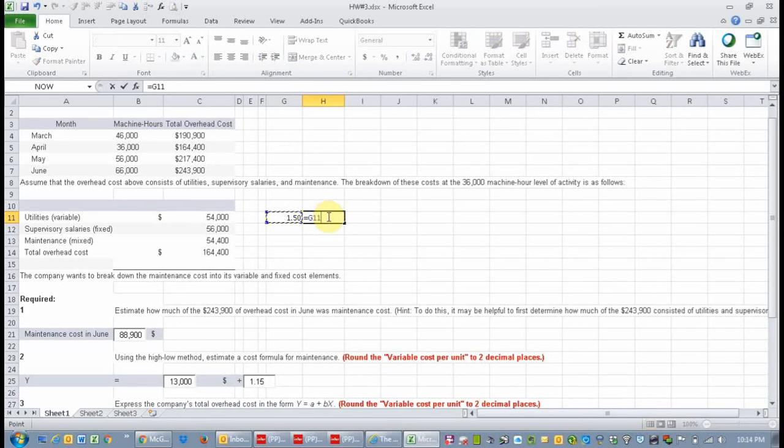So if you just multiply the $1.50 rate times the 66,000 hours, you get $99,000.